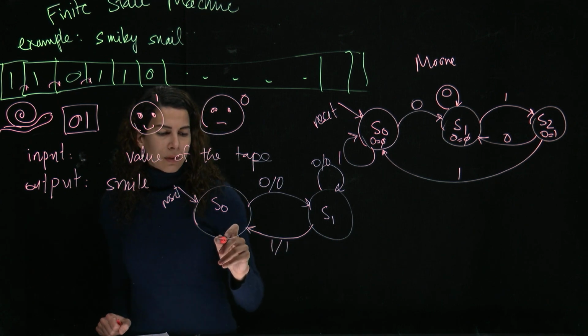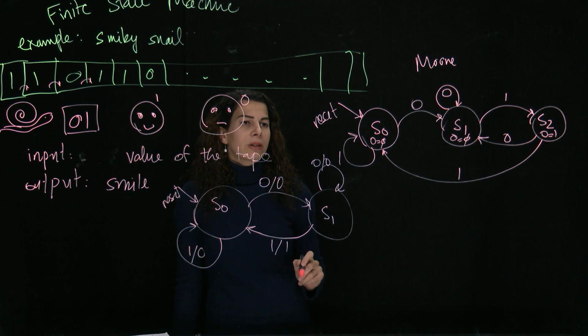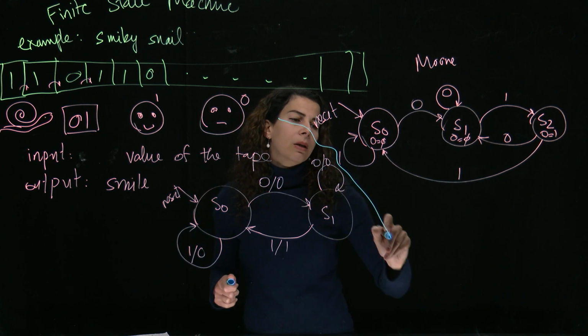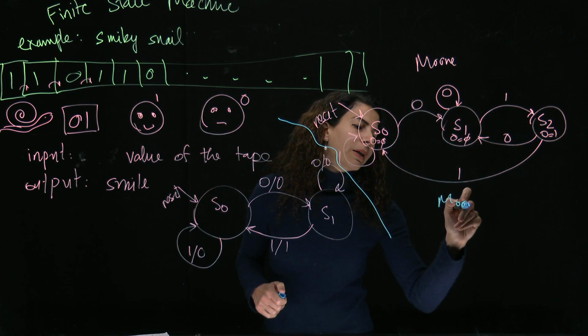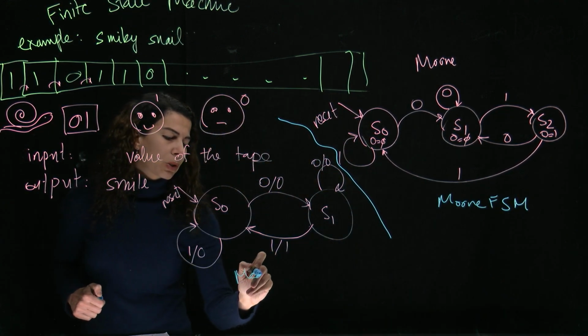And if I come here in S0 and I get a 1, I'm going to generate a 0 and stay in this state. So this is basically, let me just put a boundary here. So this is the Moore finite state machine, and this is the Mealy finite state machine.